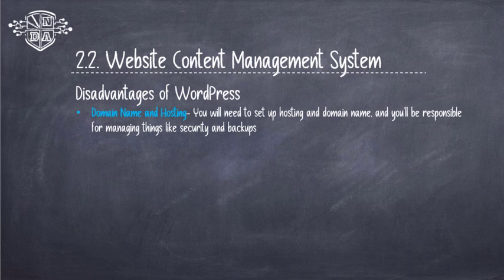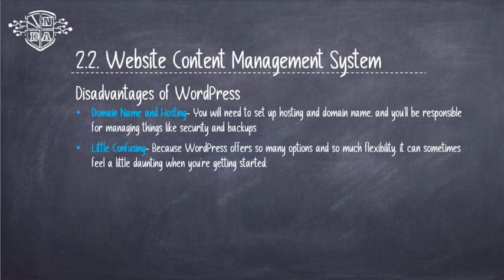And then WordPress is a little confusing because of the number of options and so much flexibility. If we're talking about plugins and we want a plugin for simply creating a simple thing like a form, you realize there are thousands and thousands of plugins, and you are confused about which is the best to use. It can be a little bit confusing, especially if you're a first-time user.